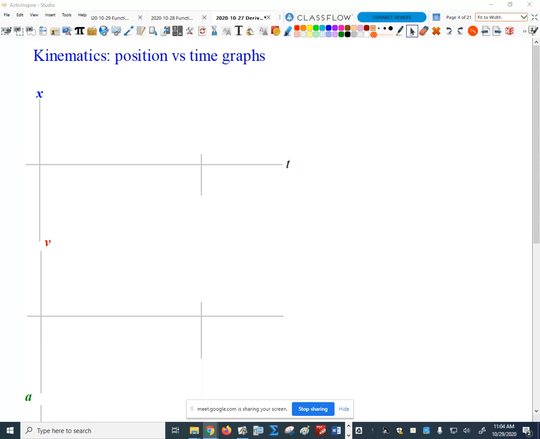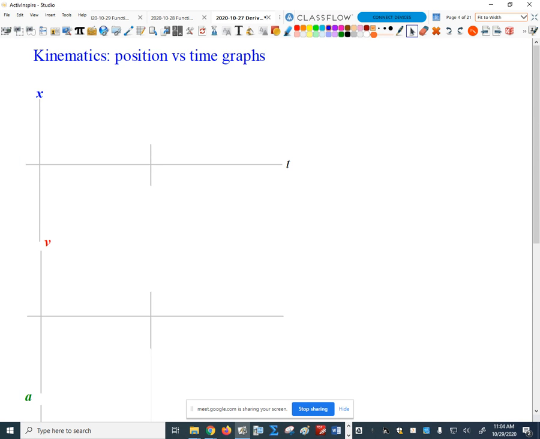On my graph, let's let this point right there be at x equals 0. That's the place that lined up with the pencil sharpener when I did my walk. What does my position graph look like then? What do you think? Any suggestions?